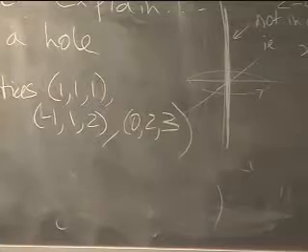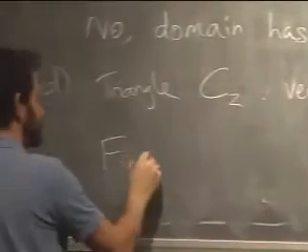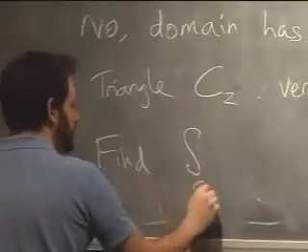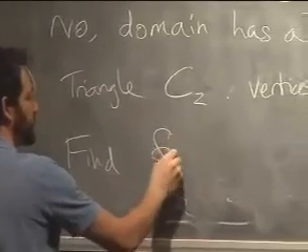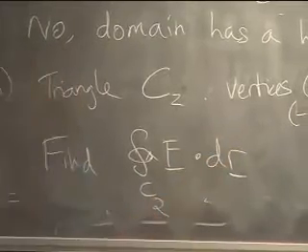So it's some triangle in space. And the question is, find, again, for C2, the circulation, the integral of f dot dr.